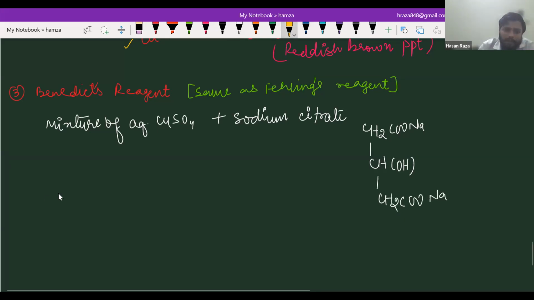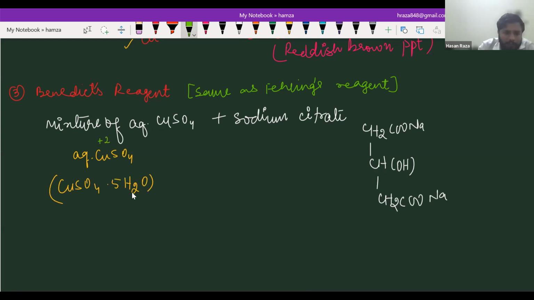Now you can see what happens here. This aqueous CuSO4 will be converted into CuSO4.5H2O, which is called blue vitriol. Now you know that this will have an oxidation state of +2.